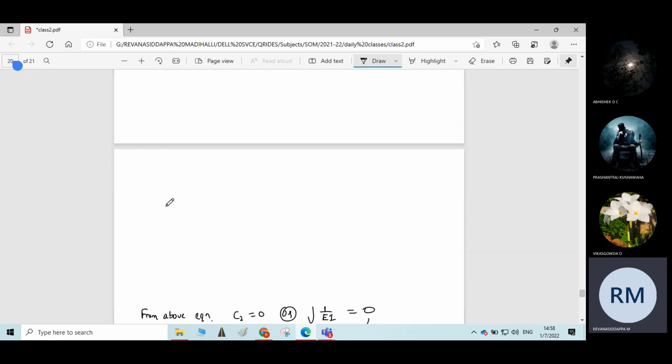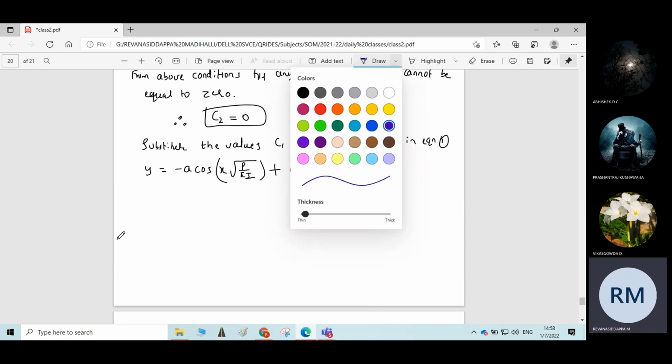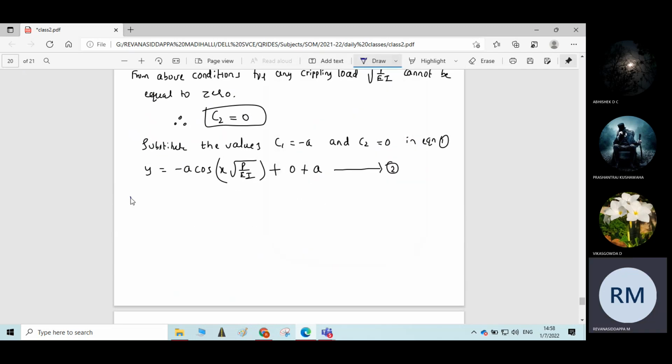Third boundary condition: at x equal to L, y is equal to A. Now substitute x equal to L and y equal to A in equation 2.